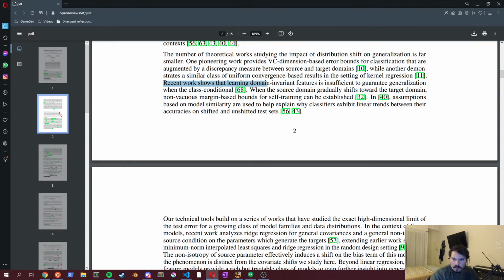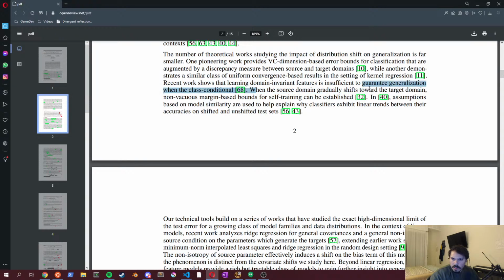Recent work shows that learning domain invariant features is insufficient to guarantee generalization when the class conditional... This sentence is weird.